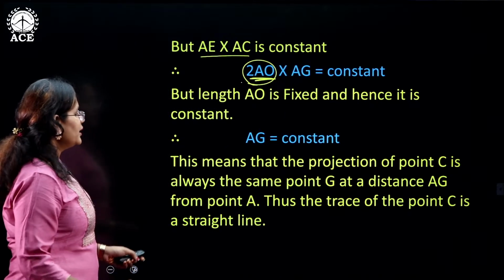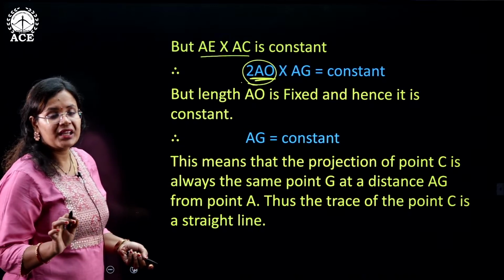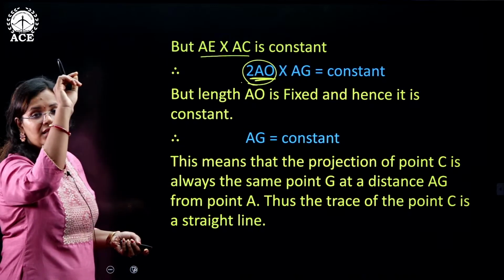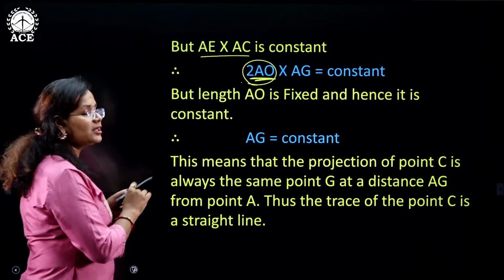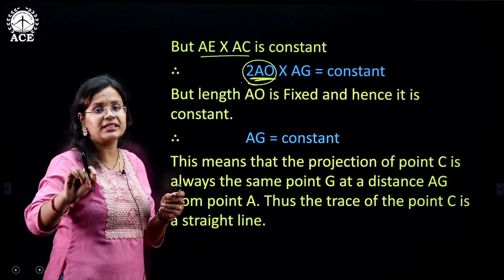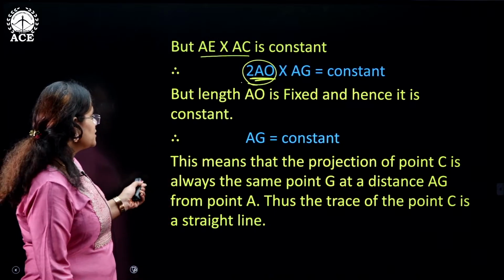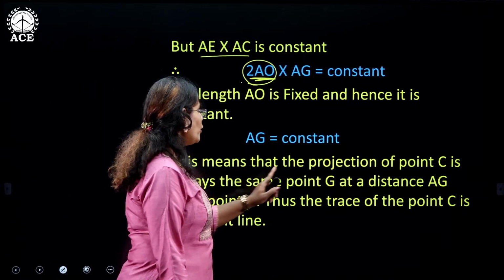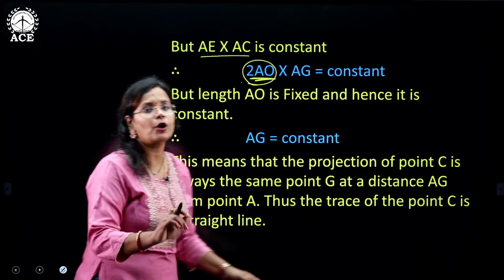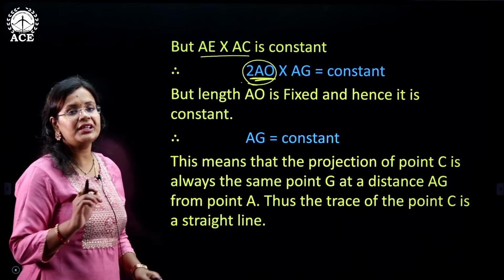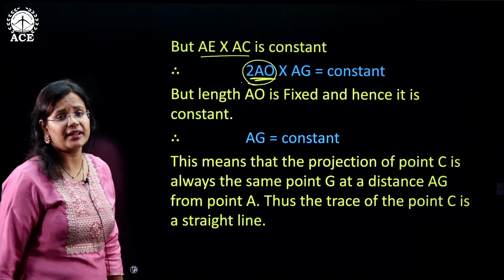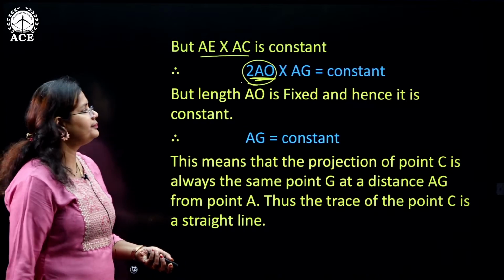So hence, this means that point C is always tracing a straight line, intersecting the diameter produced at point G. So it is always the same point G at the distance AG from point A. Thus the trace of point C is a straight line. That is what was required to prove.